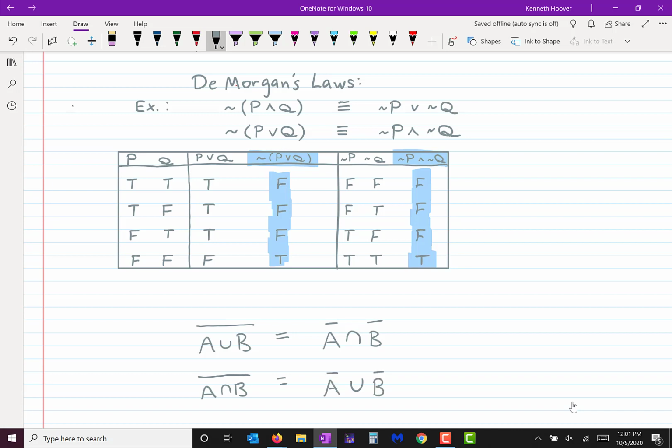Those are called De Morgan's laws in set theory, and these up here are called De Morgan's laws in logic. Okay?